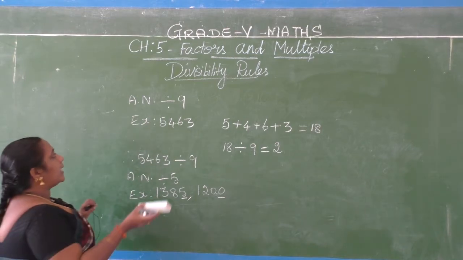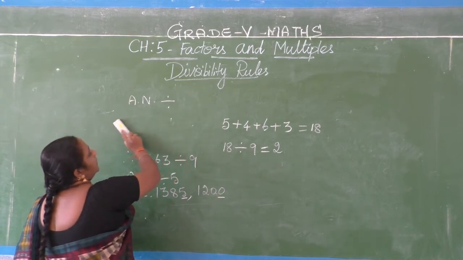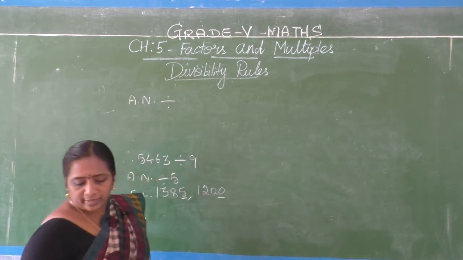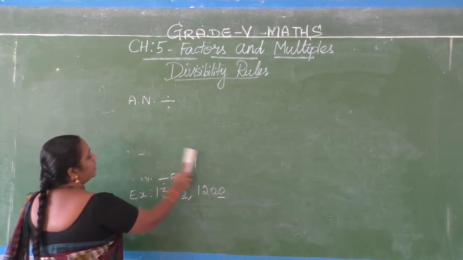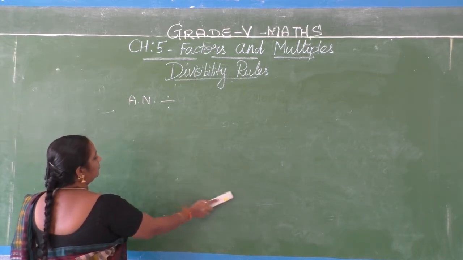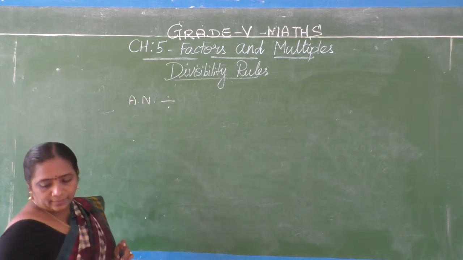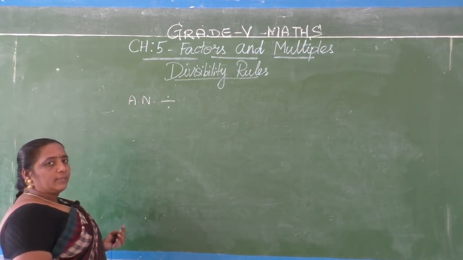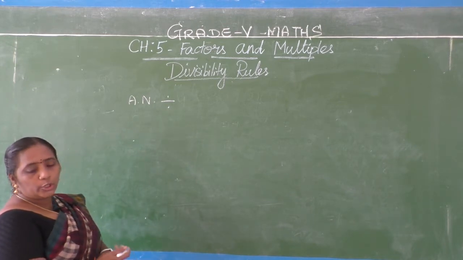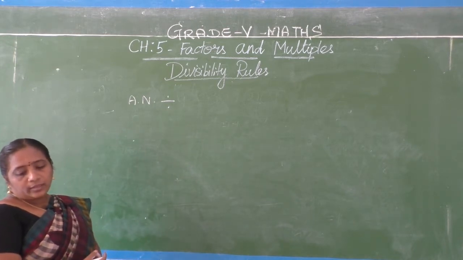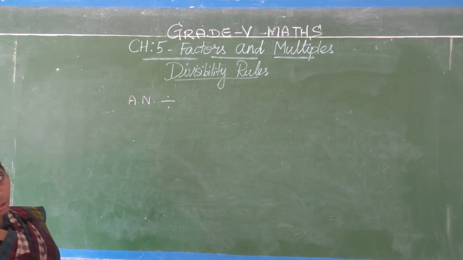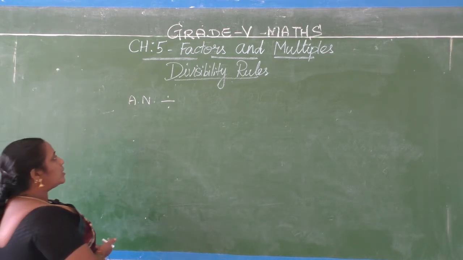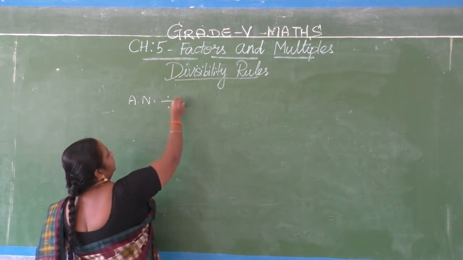Right. Then like that, any number divisible by 10. 10 is also very easy. What is the rule for 10? In the ones place, the digit is 0. If the digit in the ones place is 0, then the whole number will be divisible by 10.